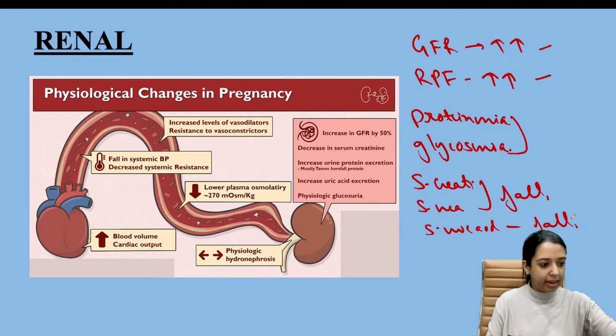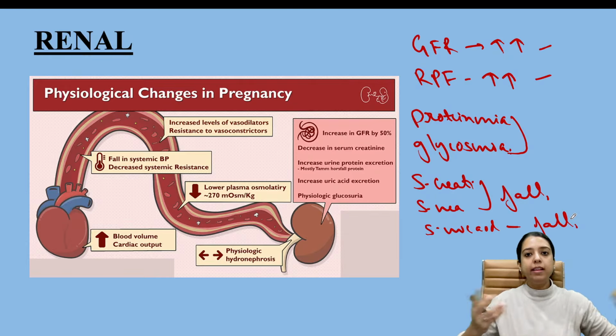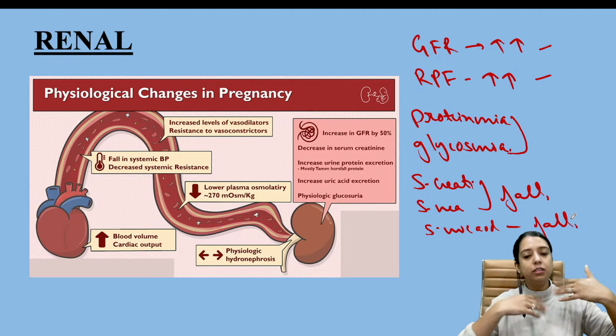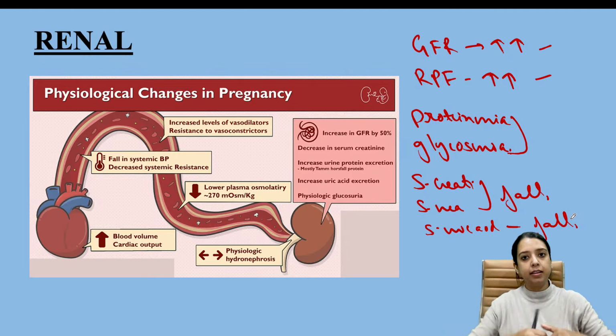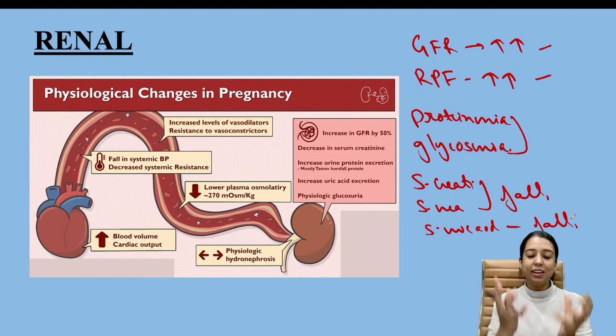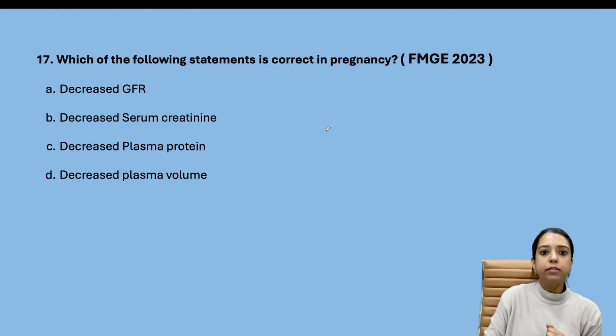If you relate everything to the physiology, what is happening to GFR? More blood is going to the kidney, blood vessels are dilated, GFR will rise. Since there is more blood, the concentration of creatinine will fall. Which of the following statements is correct? Does the GFR decrease in pregnancy?